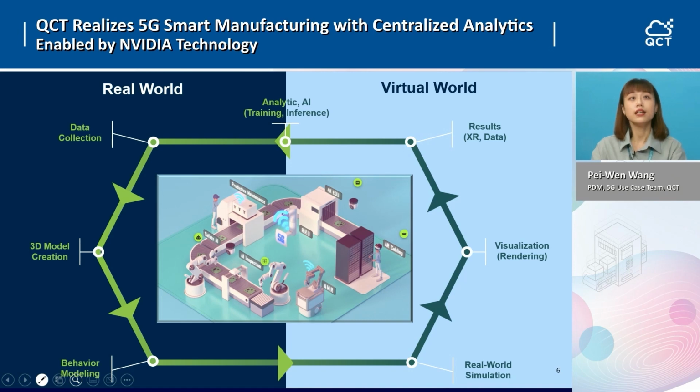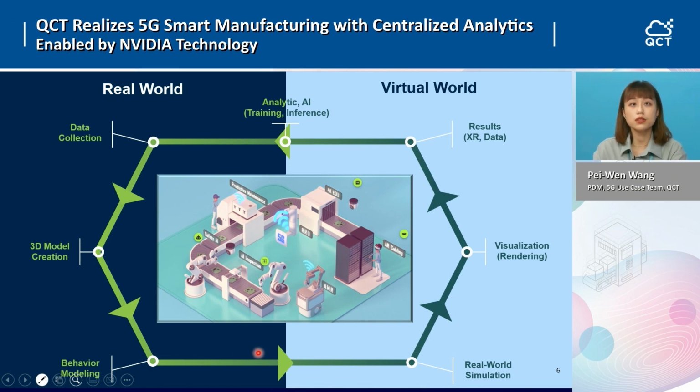And next, let's take a closer look at the technology process of digital twin. It starts from data collection here, and then create a 3D model of the real world. And next is behavior modeling, designing the behavior of work.